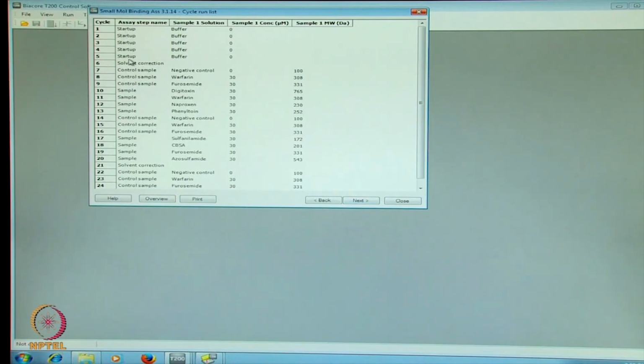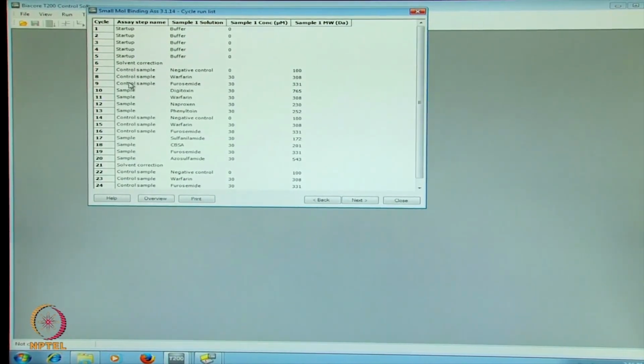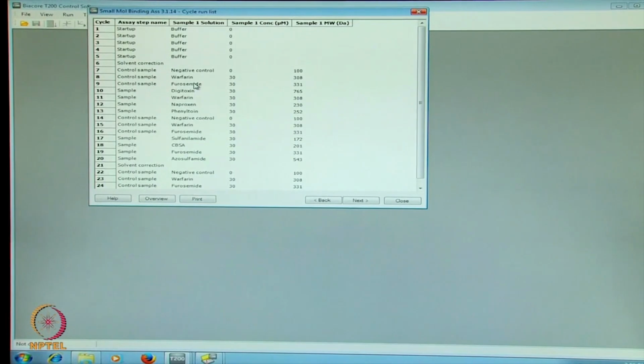We have 5 startups, 1 set of solvent correction of 8 runs injected here, and 3 sets of control samples which include negative and positive control. Samples like digitoxin, warfarin, naproxen, phenytoin and a negative control are injected, and successively a solvent correction at every 10 cycles or 20 cycles, depending upon how you set up the experiment.